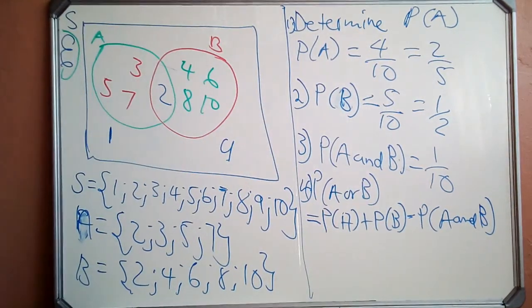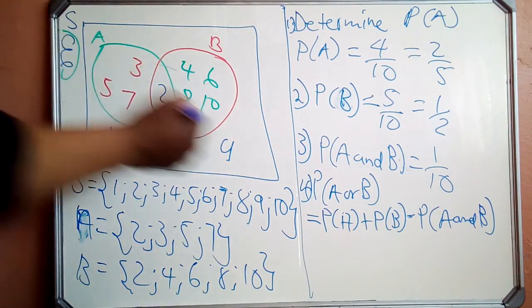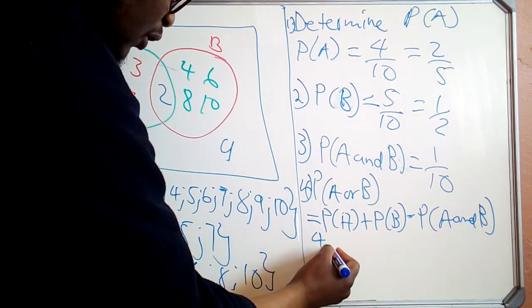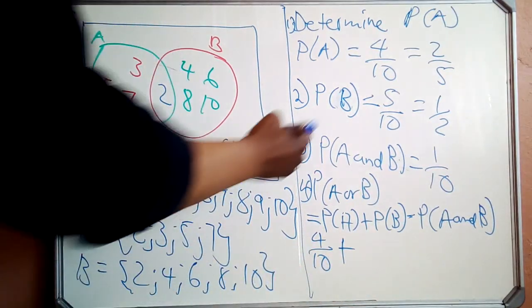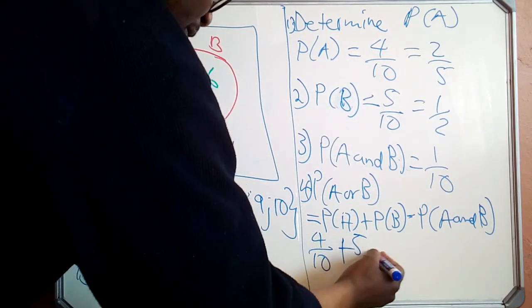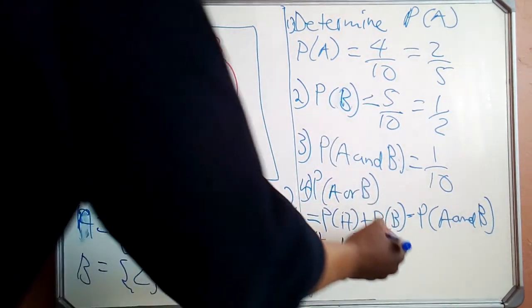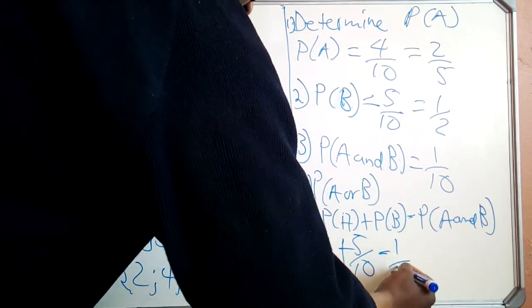We've already found what our A is. Our A is 4 over 10, so you put 4 over 10 there: 4 over 10 plus 5 over 10 minus 1 over 10.